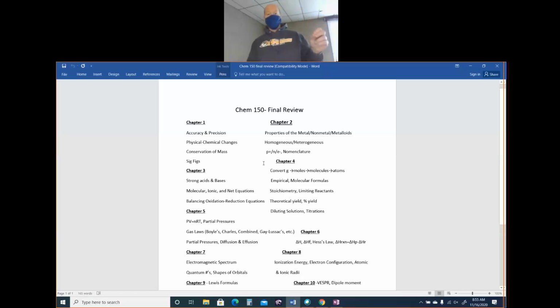If all three are the same and they are all correct, then you also have good accuracy. If you have good precision, but all three of those numbers are wrong, then you have good precision, but poor accuracy. And if you have poor precision, but the average comes out to be the correct answer, then you have good accuracy, but poor precision. So know the difference between accuracy and precision.